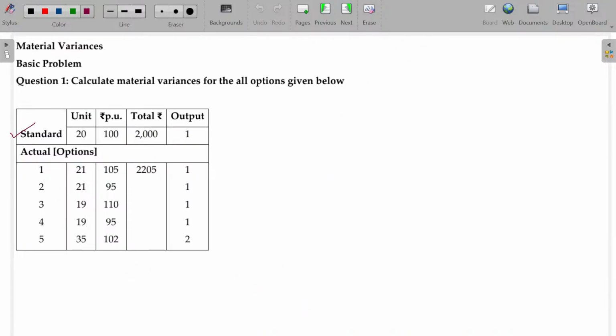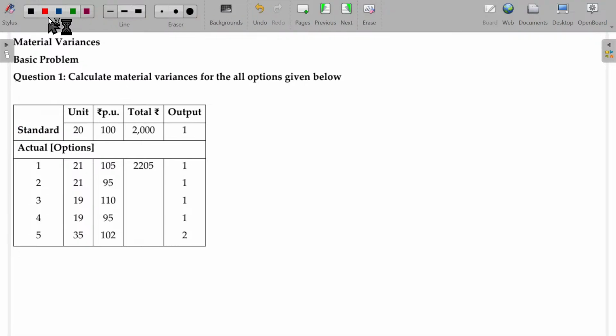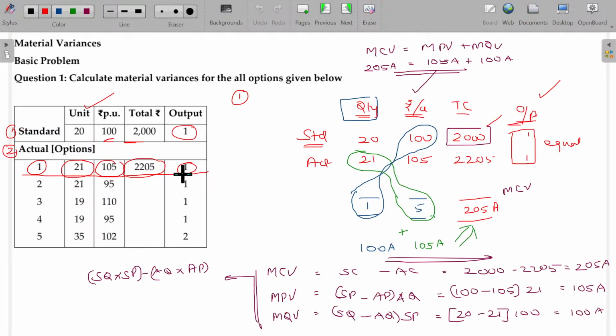Start with standard and go for option number 2 for actual. This is the standard, this is the actual. Come on, try for this, and then you can try for 3, 4, 5 also. Make it faster. Those who have not completed can complete. The others who have completed this can start trying the next illustration yourself. Make it faster.